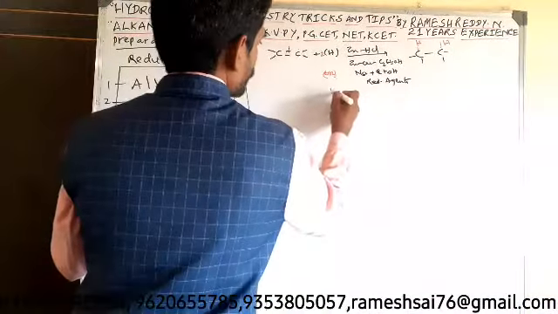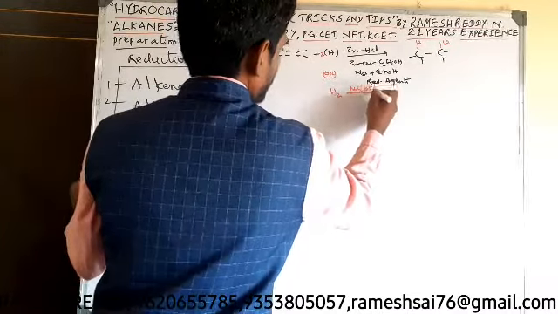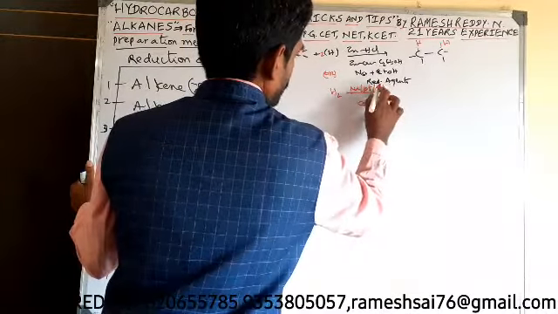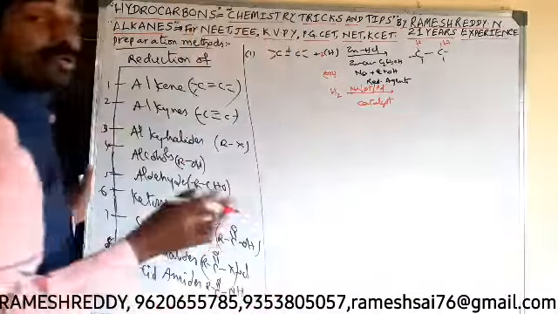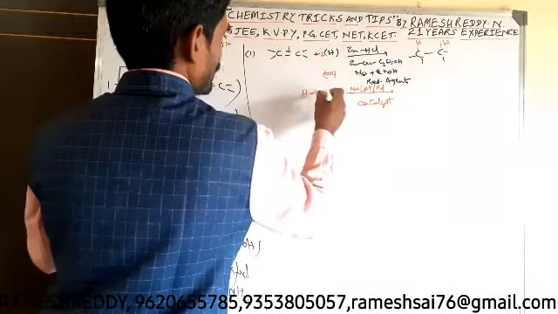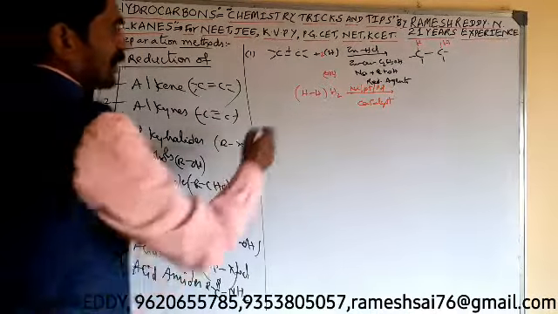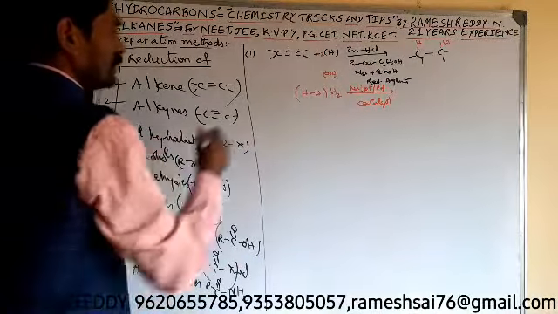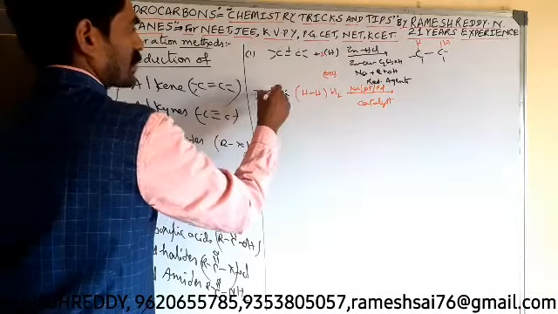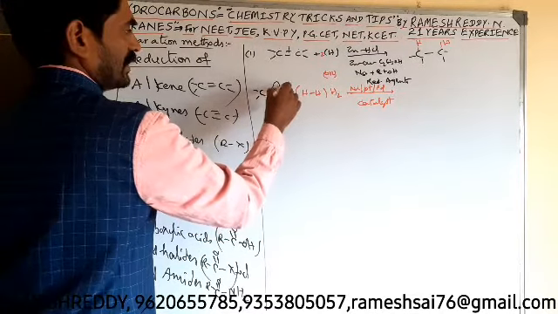Or we can use H2 gas in the presence of nickel or platinum or palladium catalyst. This is called catalytic hydrogenation. There are 2 hydrogen atoms in the H2 gas molecule. What happens here? In the carbon-carbon double bond, this pi bond undergoes cleavage, and this pi electron shifts toward this carbon, then it gets a negative charge.